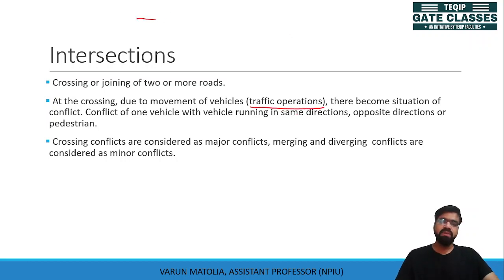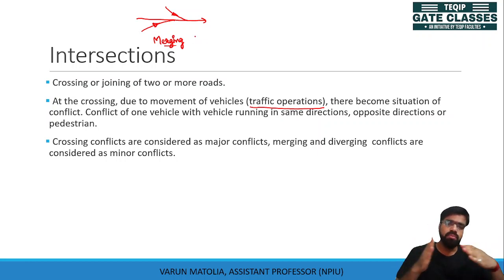We have this traffic stream. If another traffic stream wants to mix with this particular traffic stream, either from the right or from the left, this operation is known as merging. When two traffic streams merge into one, this is known as a merging operation.